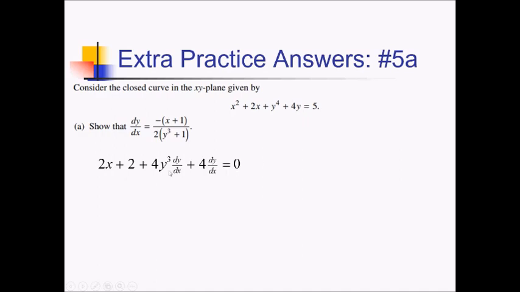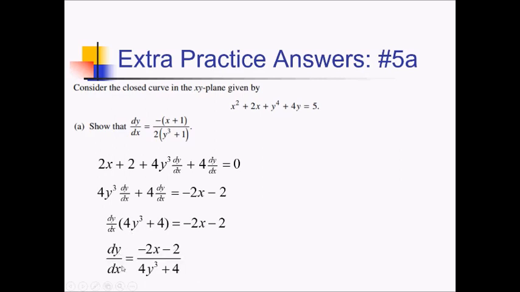So now let me get the dy over dx's on one side, and move everything to the other side. 4y cubed dy over dx can stay on the left, as can the 4 dy over dx. Moving over to the right, we're going to subtract 2x and subtract 2. On the left side, I can factor out dy over dx, leaving me with 4y cubed plus 4 inside. And then if I divide both sides by that parentheses, I end up with dy over dx.